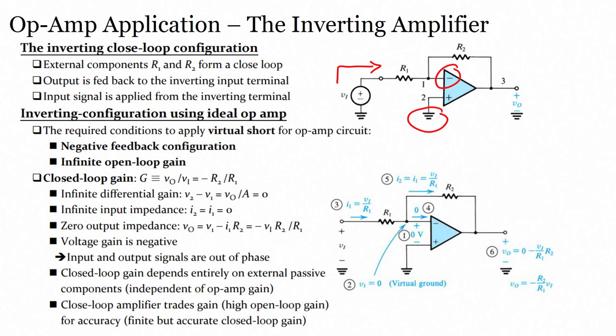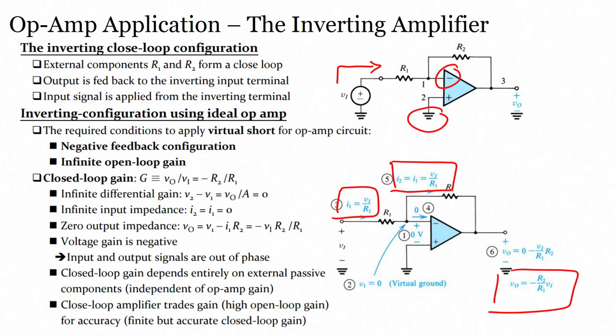If you assume there is an R1, and this is a feedback resistor R2, and you want to understand the equation of the output voltage, then if you apply voltage at the inverting terminal, the current I1 at this particular point would be V1 by R1. Here I2 would equal I1, which is V1 by R1, since the difference is 0.